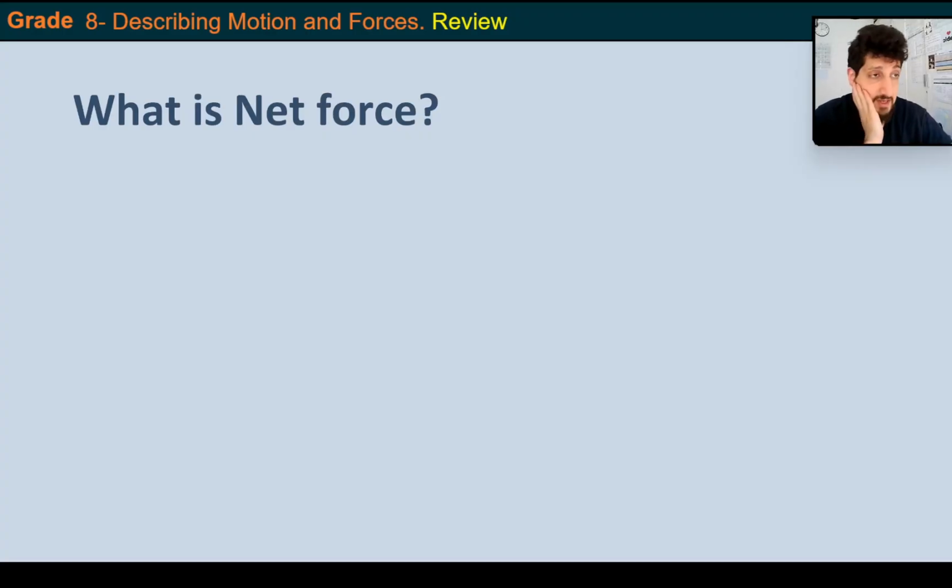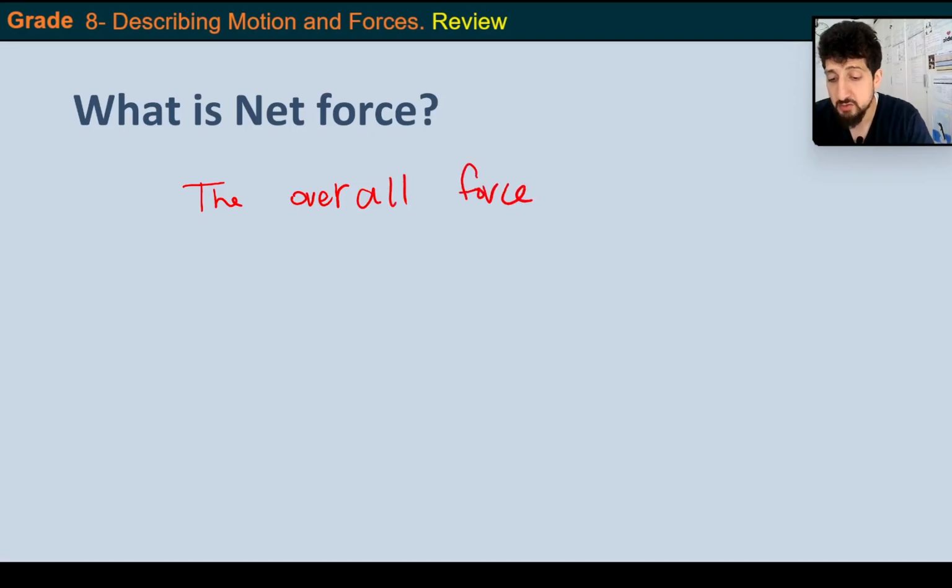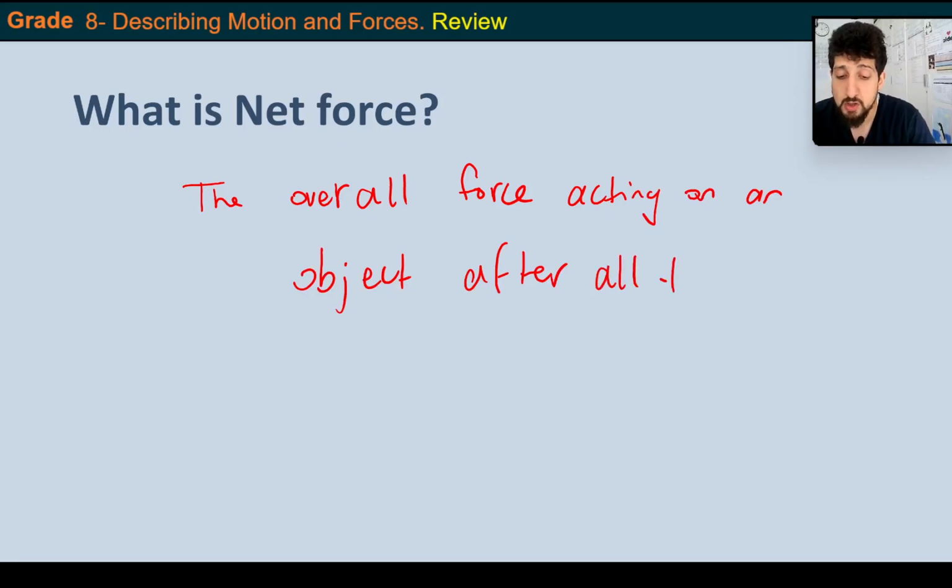Right, what is net force? So net force is the overall force that an object experiences after all the forces are accounted for or added together.